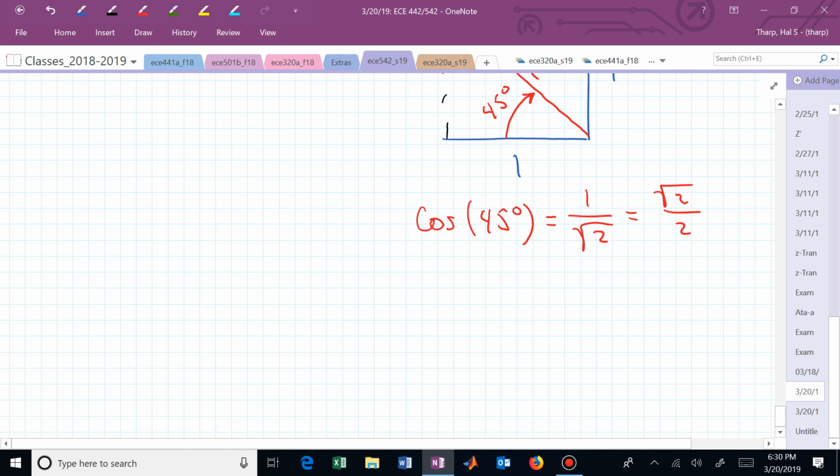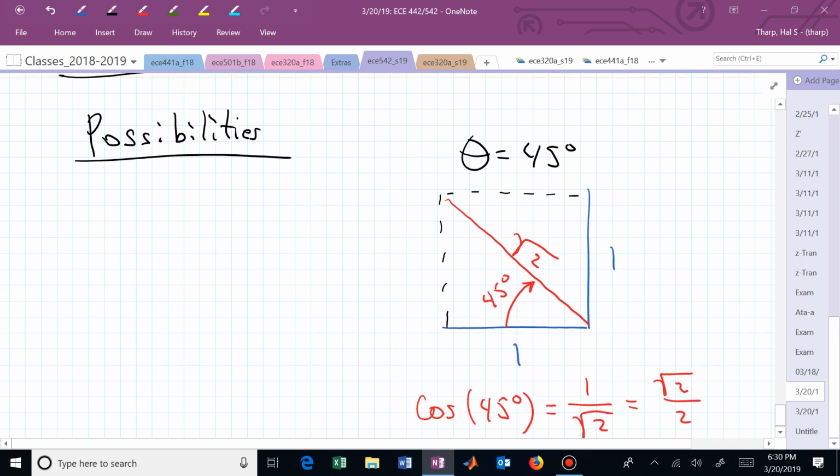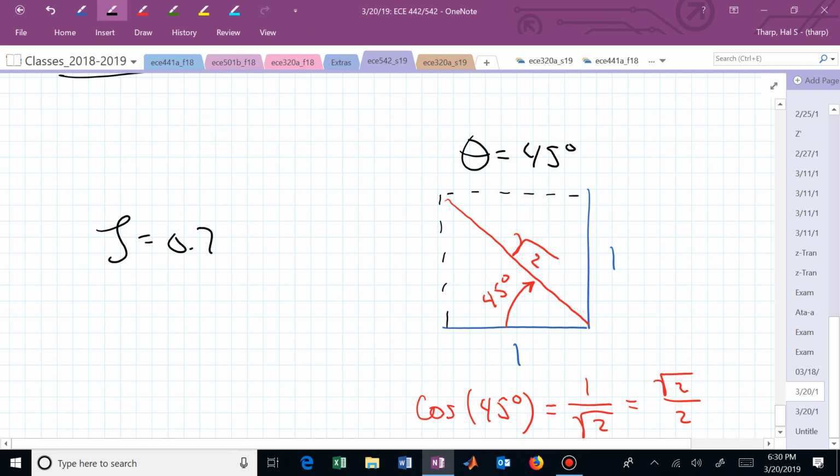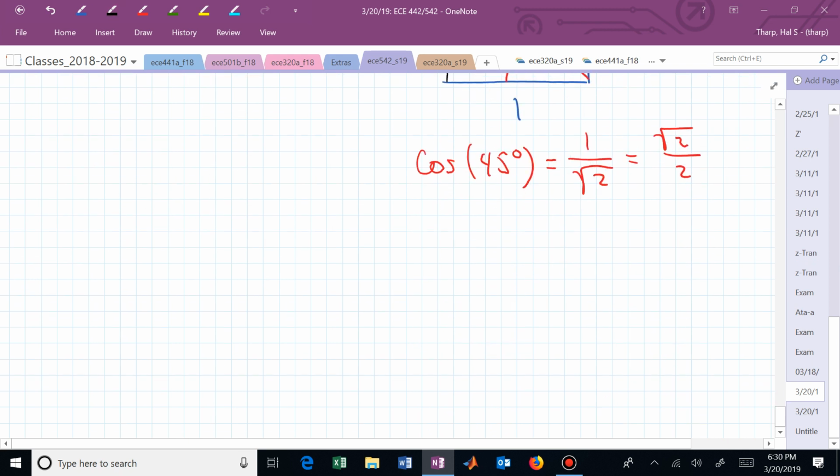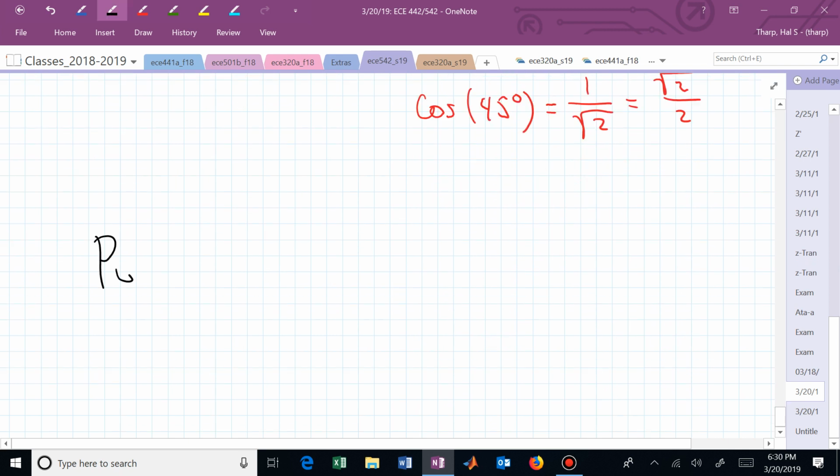Now, let's look at what we can maybe do with that. So here was the zeta equal 0.7 question. Let's now look at a possibility relative to what we've already introduced. We've introduced two different performance specifications.